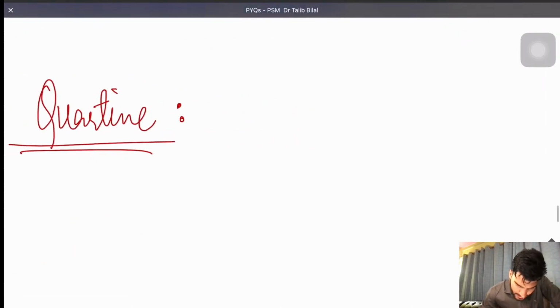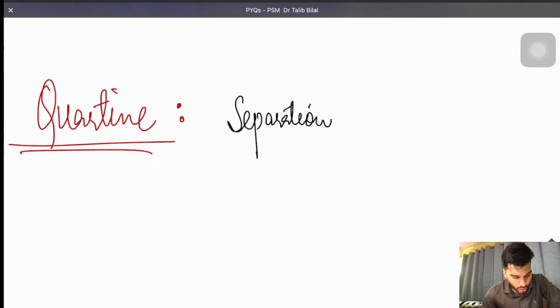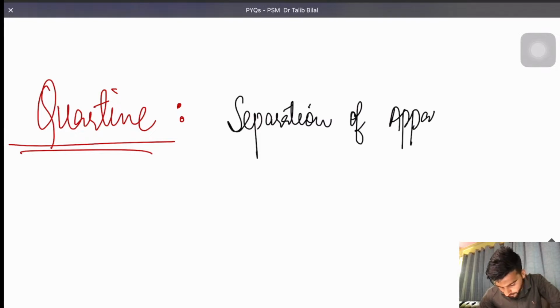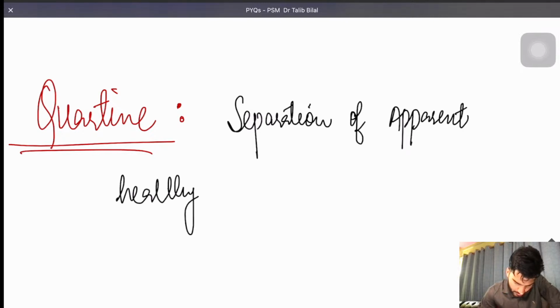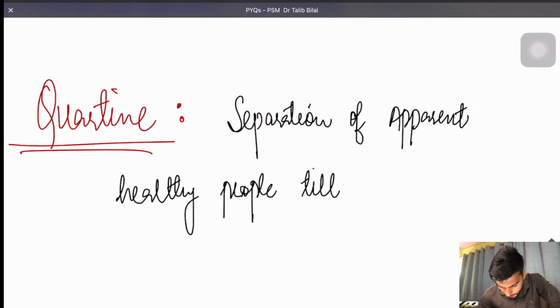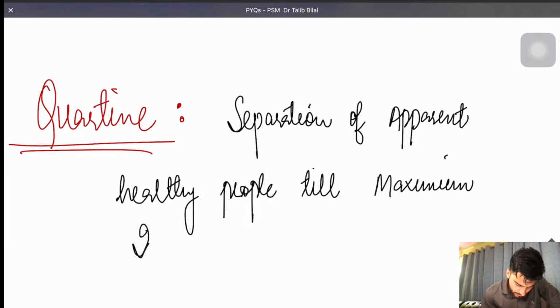Write it down, guys. It's the separation of apparent healthy people till maximum incubation period.